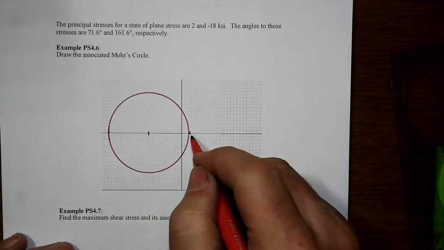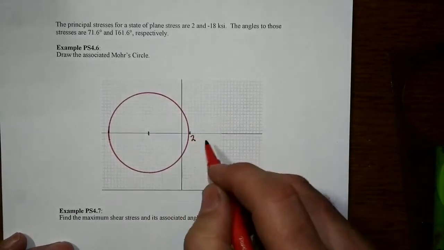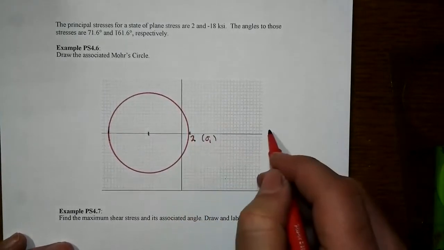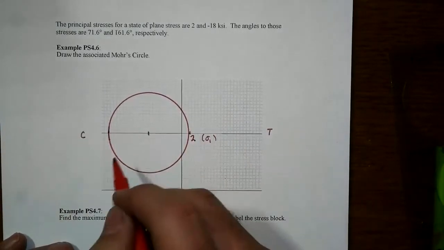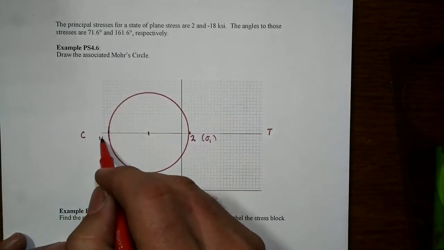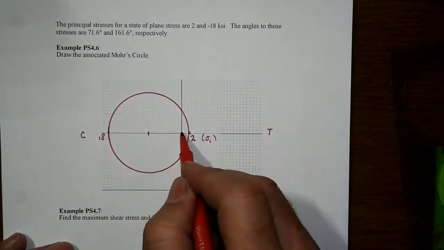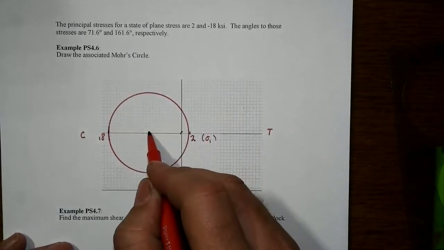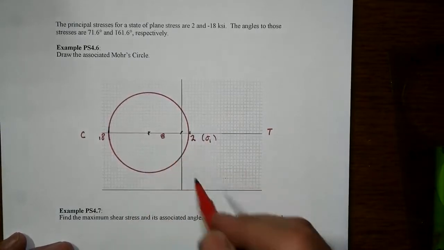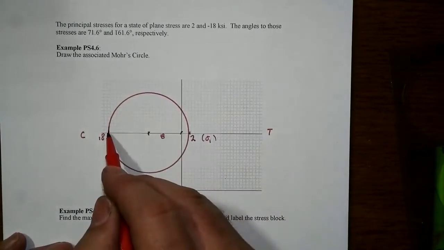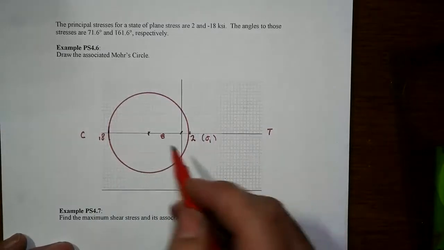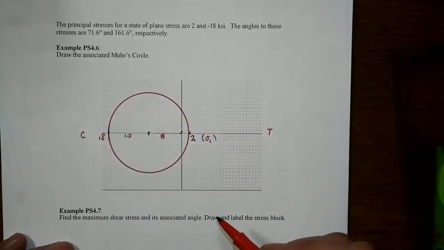This has a value of 2. That's your sigma 1, of course that's tension. Compression is over here, at 18. With a range of 20, from the center to here is 8, so 10 all the way out for the radius.